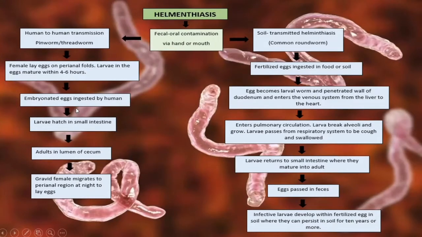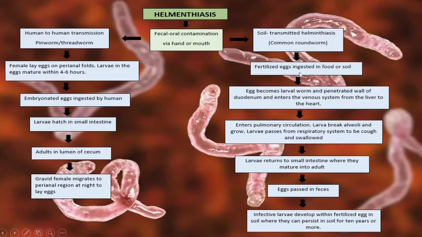The host ingests eggs, the eggs hatch and release larvae. The larvae hatch in the small intestine or invade the intestinal walls. The next is adults in the lumen of the cecum. And last, for human to human transmission, the gravid female migrates to the perianal region at night and lays eggs.